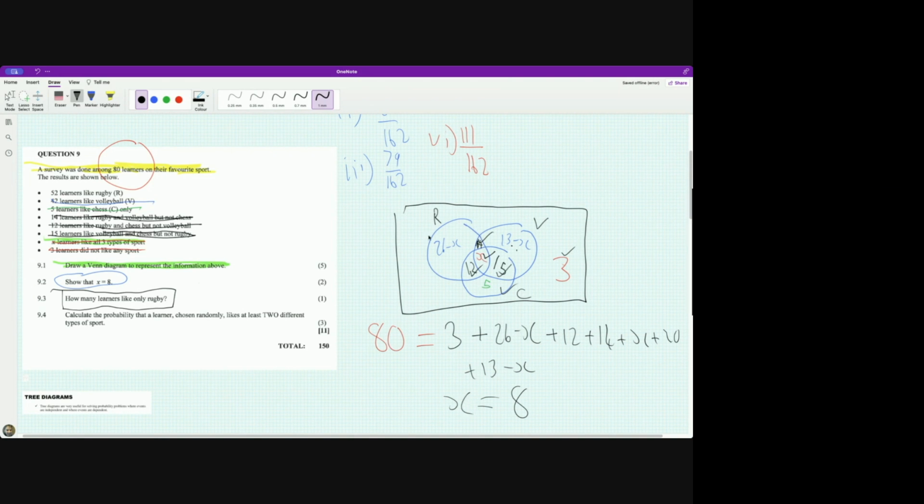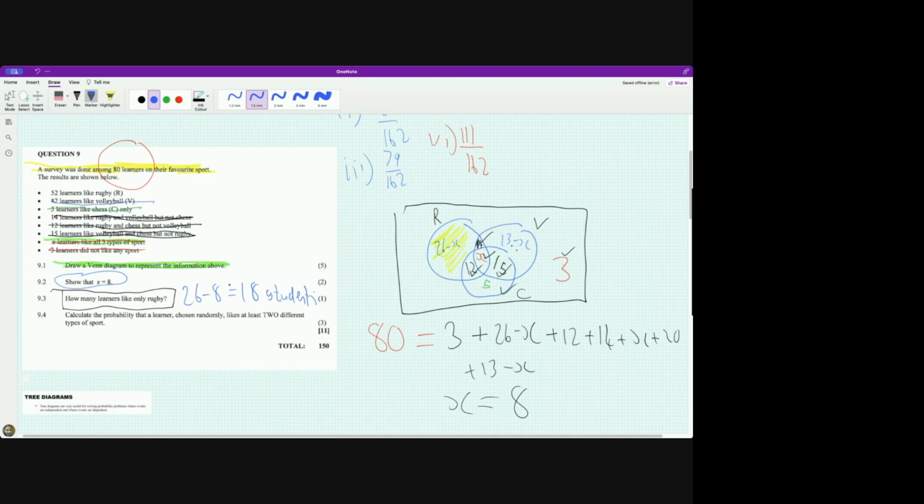So we're looking for the rugby circle, and the people that only like rugby are over here. So 26 minus x. And we know that x is 8. So the answer here is going to be 26 minus 8. So it's 18 students. So 18 students only like rugby.